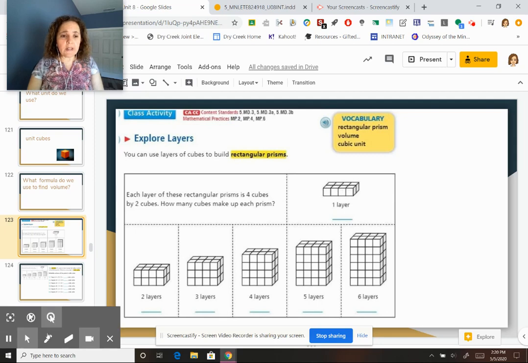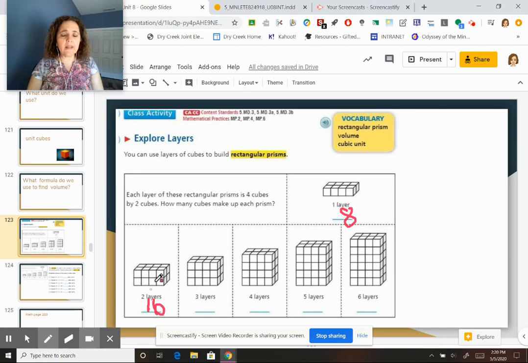So for instance, in this one that we have here, we would count 1, 2, 3, 4, 5, 6, 7, 8. There are 8 cubes in the top layer. In this first layer, there's 8 cubes. If I were to add another layer, that would give me 8 and 8, which is 16.